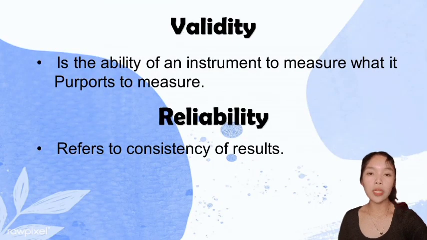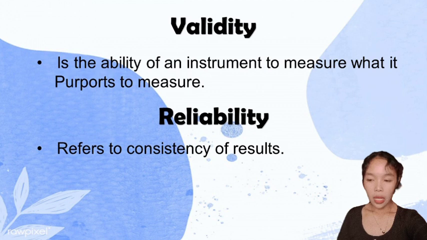So before we proceed to the methods of establishing reliability and validity of an instrument, let's first define what validity and reliability are. When we say validity, it is the ability of an instrument to measure what it purports to measure.